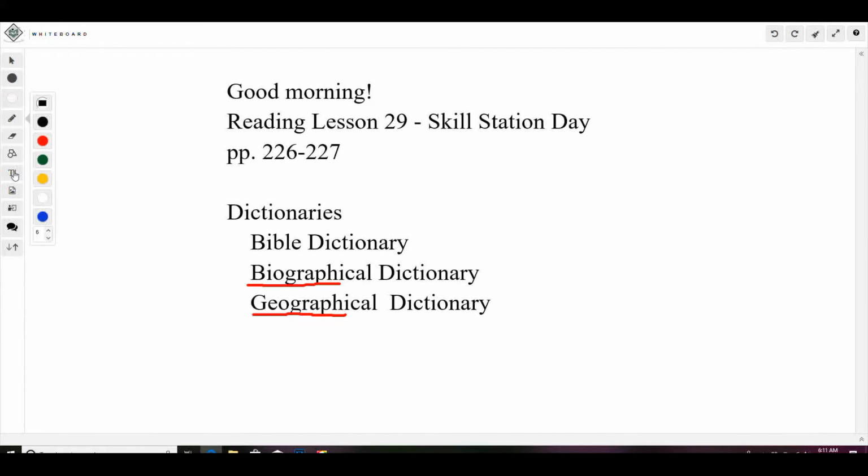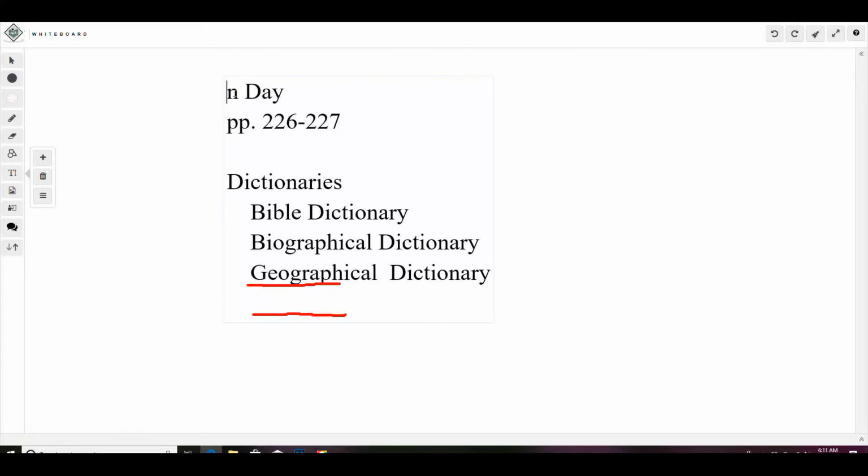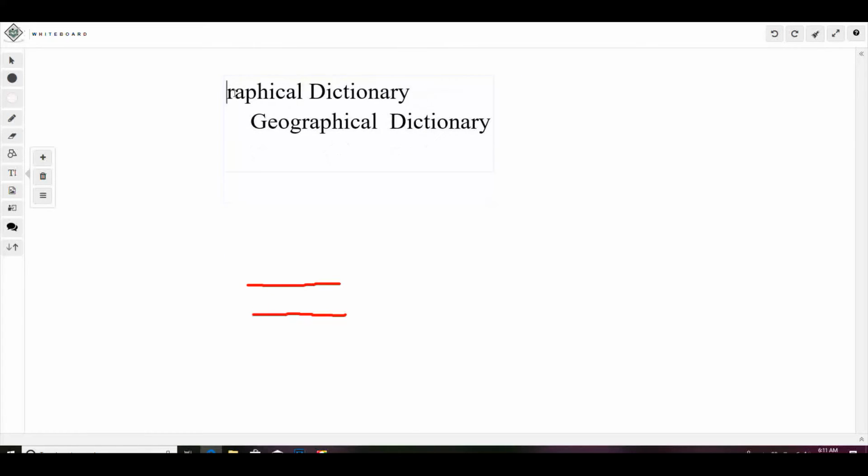All right, let me see if I can fix this here. All right, so let me erase this. So number 1 we said was the geographical dictionary. That's all you need to put. You don't have to write the word dictionary. Okay. Oh, I don't want to do that.